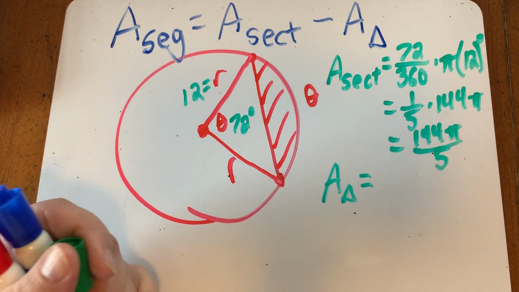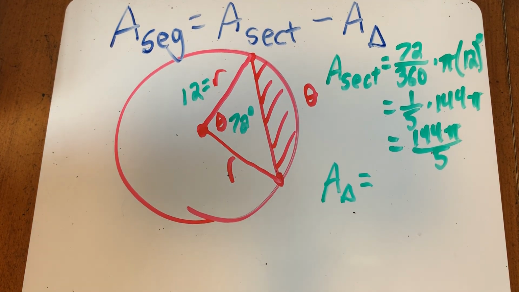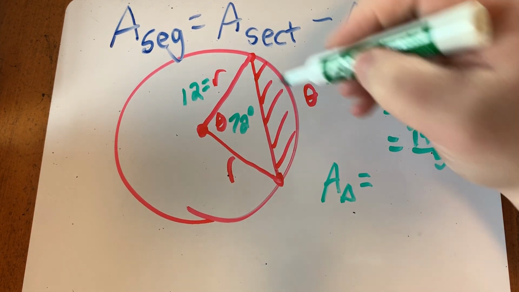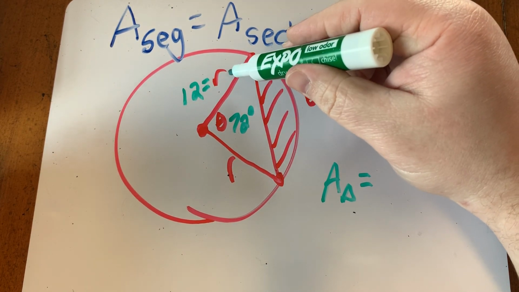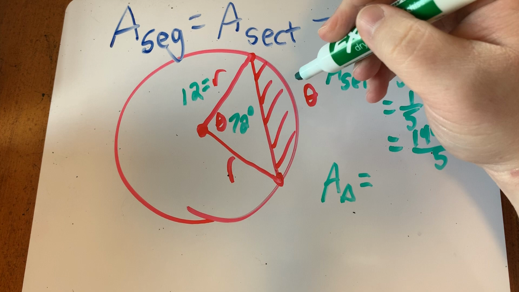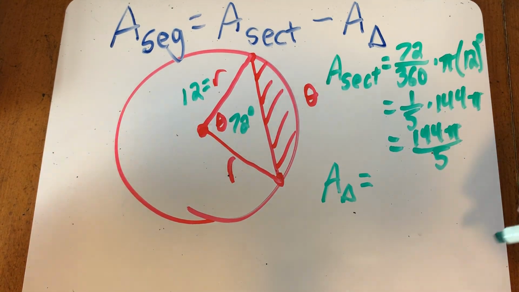The area of the triangle. Well, there's several formulas that we have for the area of a triangle. There's 1/2 base times height. There's Heron's formula, but we only know 2 of the sides. And then there is the one where it's 1/2 times the product of the 2 sides times the sine of the included angle.